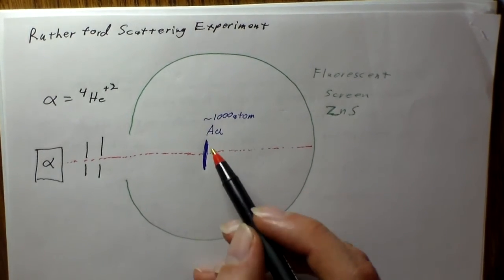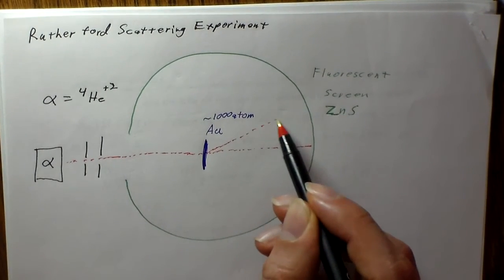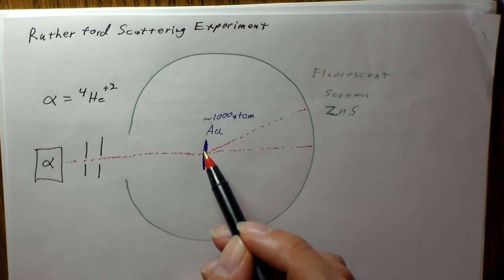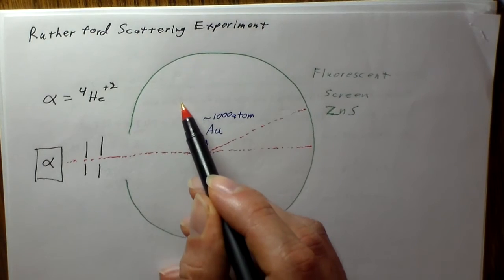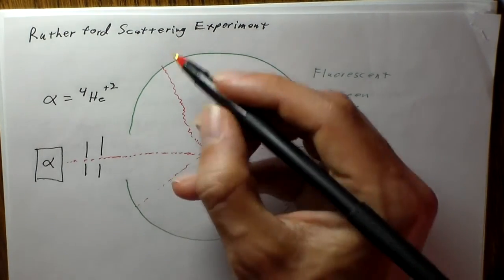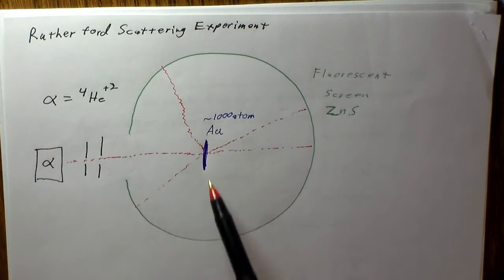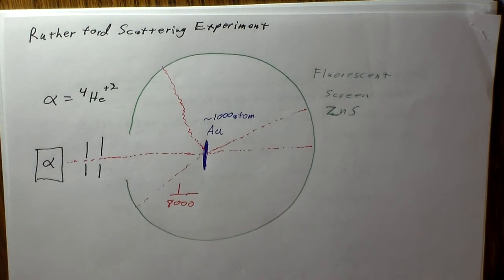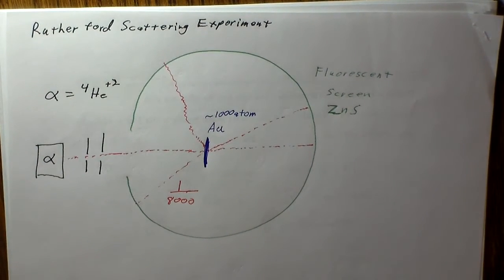All right, and then of course a couple of them wind up being deflected a little bit. But what really was the very shocking ones was occasionally you'd get an alpha particle which would come off here or down here or something, and the ones that would be deflected just dramatically, this happened about 1 out of 8,000 times. So it kind of gives you an idea how many times they actually had to count these and how many little flashes they had to record to notice a 1 in 8,000 deviation.